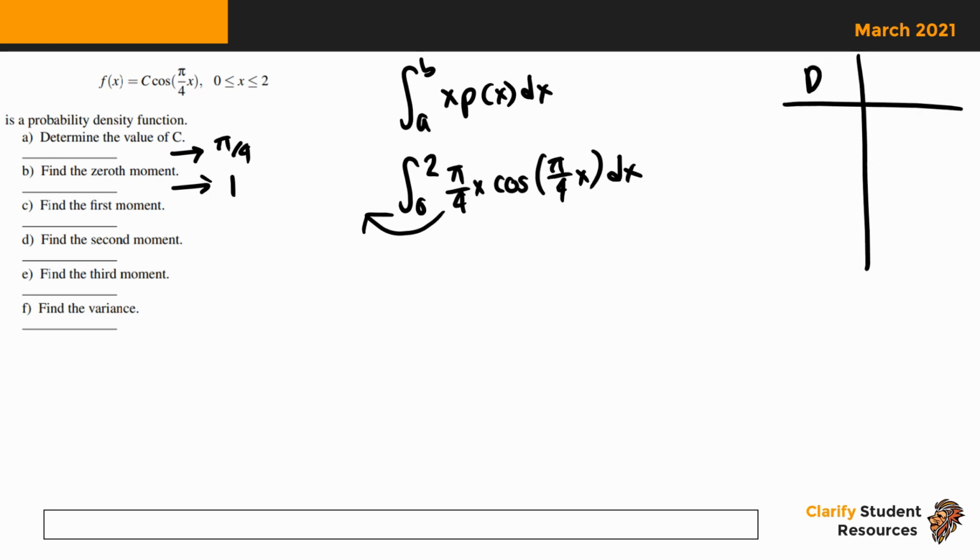So we get a D and we get an I here. Again, we want to use the x on the D side, then 1, then 0. And then we get cosine pi over 4 x, then we get sine pi over 4 x multiplied by 4 over pi, and then lastly we get negative cosine pi over 4 x times 4 squared over pi squared.